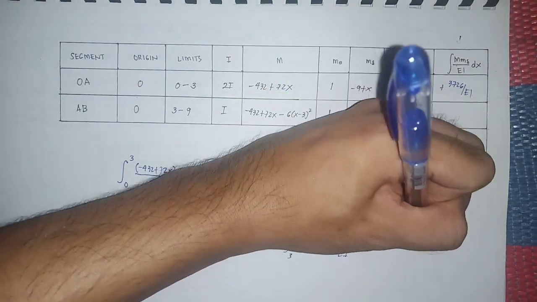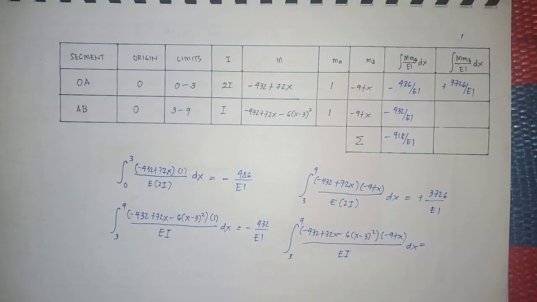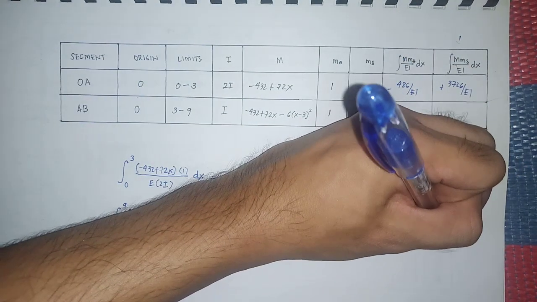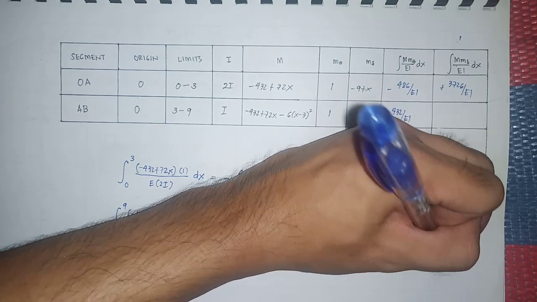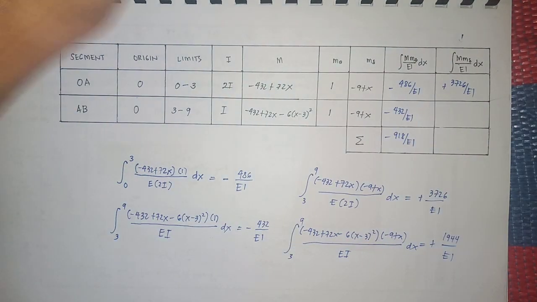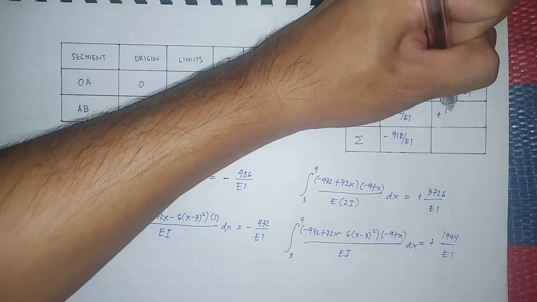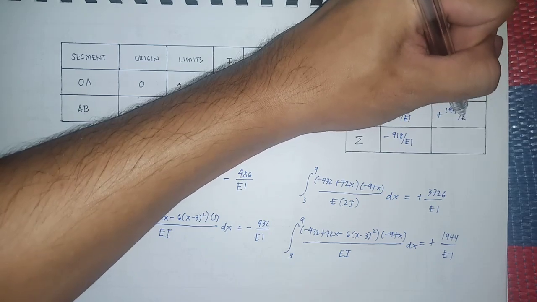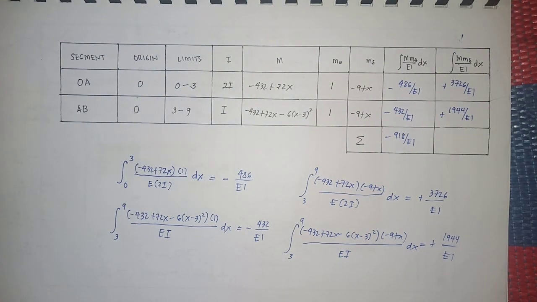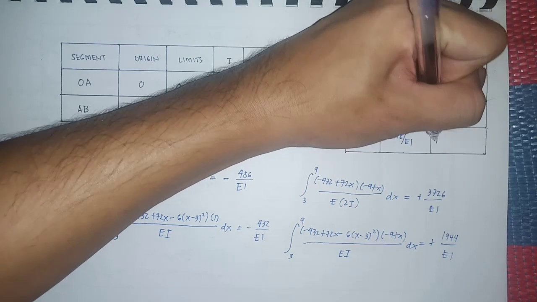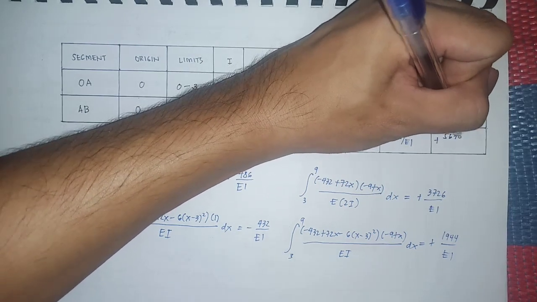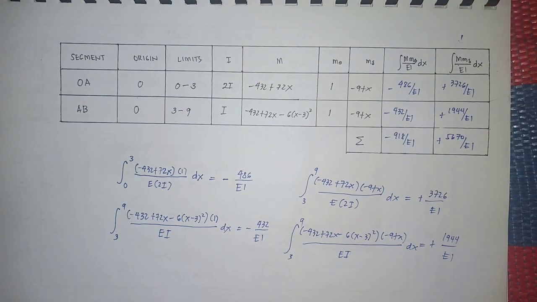Kuha tayo ng calculator. We have positive 1,944 over EI. Lagyan natin yan dito. Then, after which, sum up natin and we have positive 5,670 over EI.